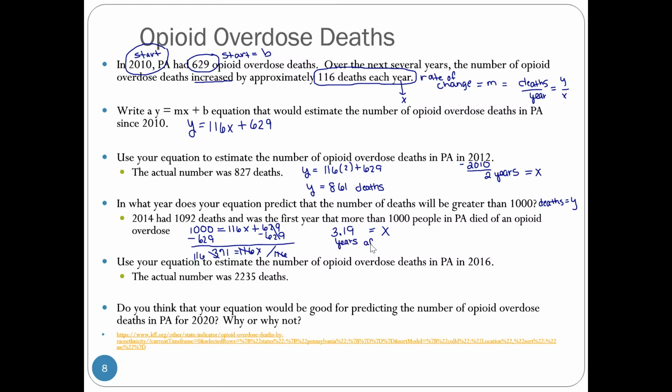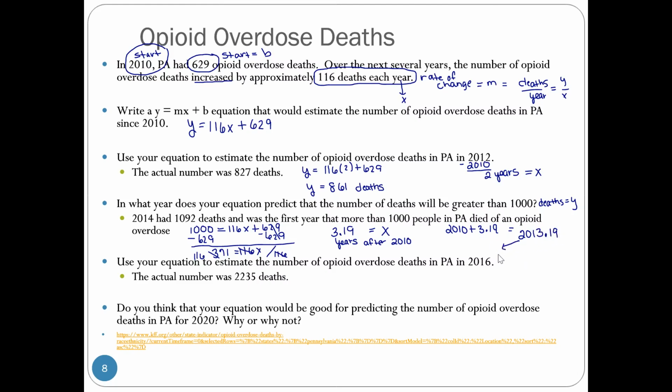after 2010. So I can add these. I can take 2010 plus 3.19, and that would give me 2013.19. Now, there are two ways that are acceptable to round. So when?